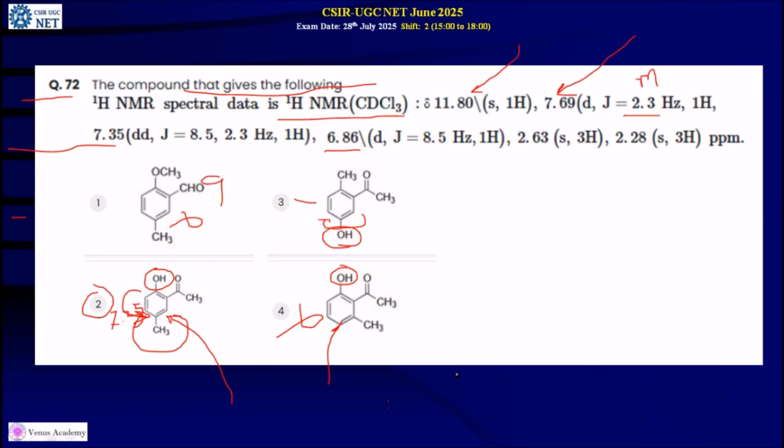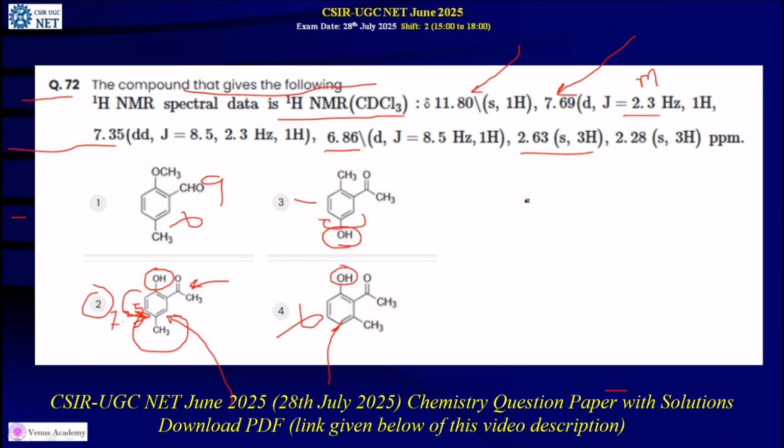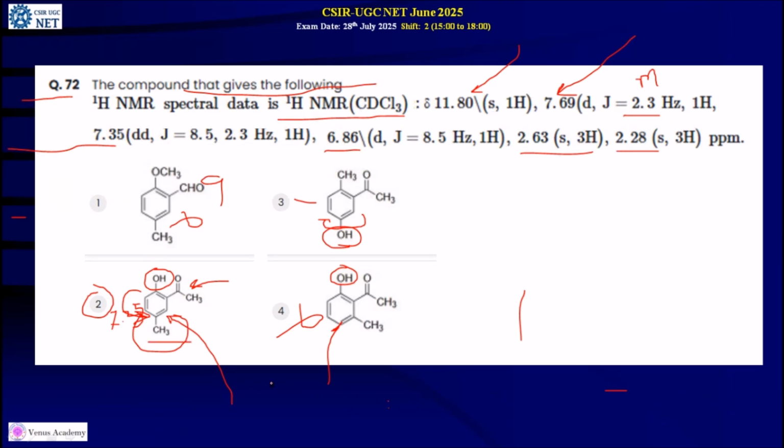Next, and this is 2.63, yes, as usual, you know. So 2.63 singlet comes for the acetyl group, methyl, these 3 protons, and 2.28 toluene protons, it is going to be 2.23. So option number 2 is the correct option, students.